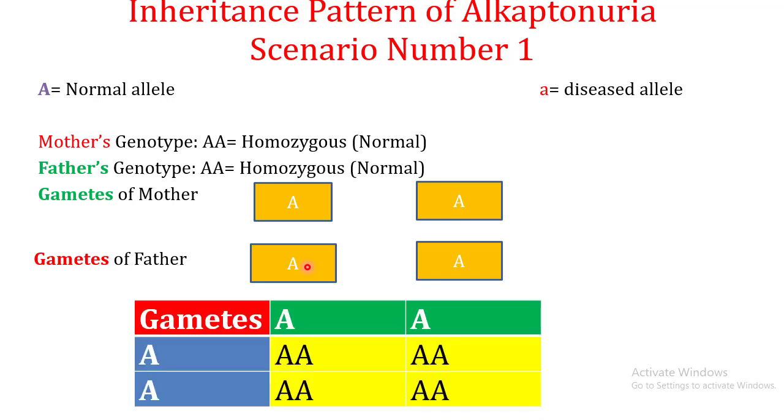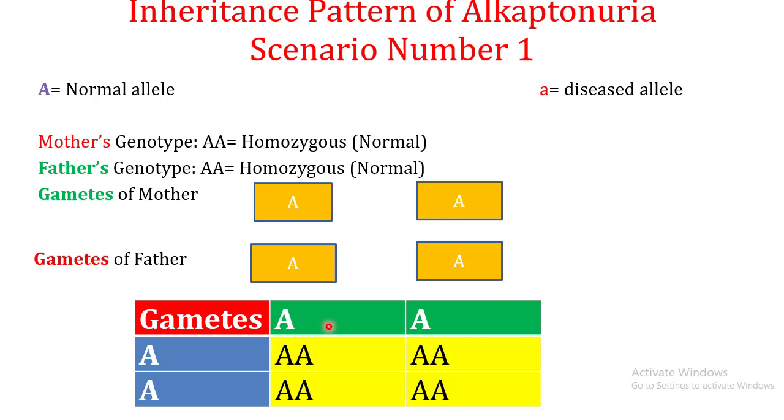So when you make the Punnett square, here we are representing the gametes. These are the gametes of the mother. These are the gametes of the father. The upper side and the left side of a Punnett square usually represent the gametes of the parents, and the inner boxes represent the fertilized product, that is, the offspring.